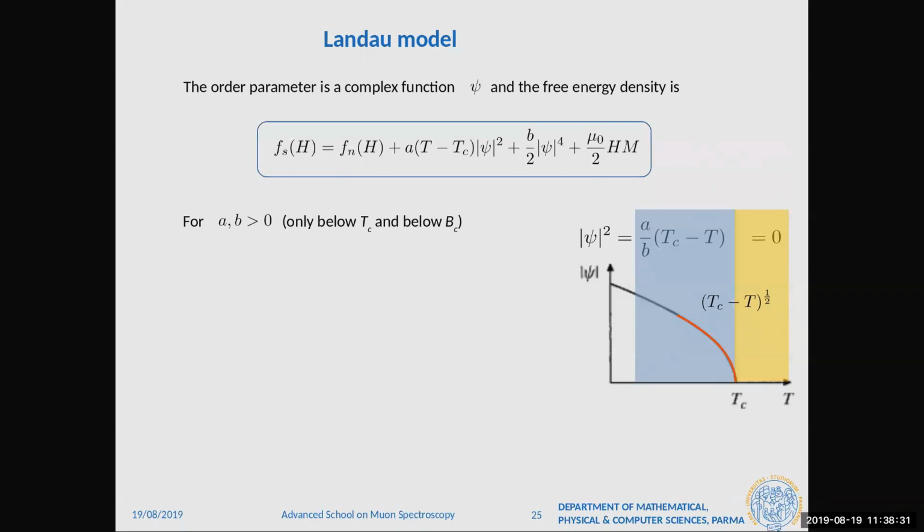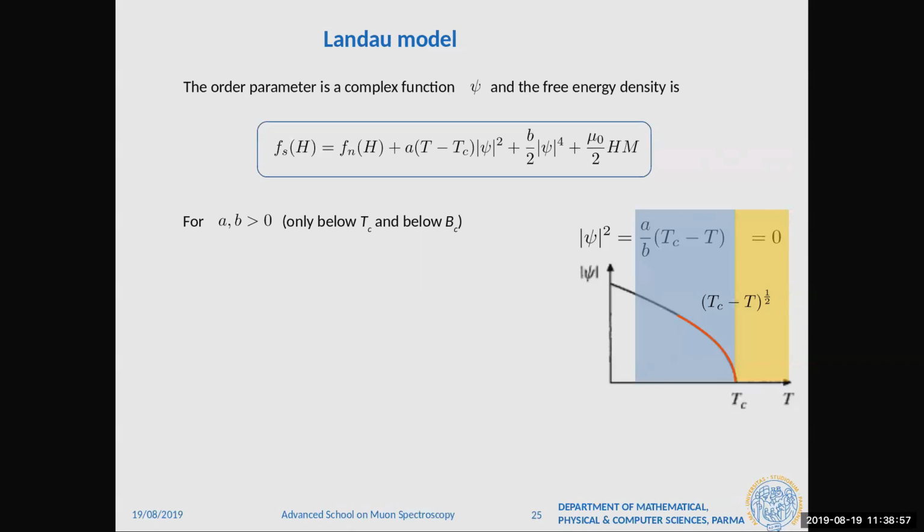It's clear that this is positive above Tc. Sorry, yeah, this is positive if A is positive, above Tc, when T is larger than Tc, and it goes to 0 and switches sign at Tc. So, without going into the detail of the mathematics, if you have seen this kind of theory, for instance in magnetism, you know that it gives rise to an order parameter.